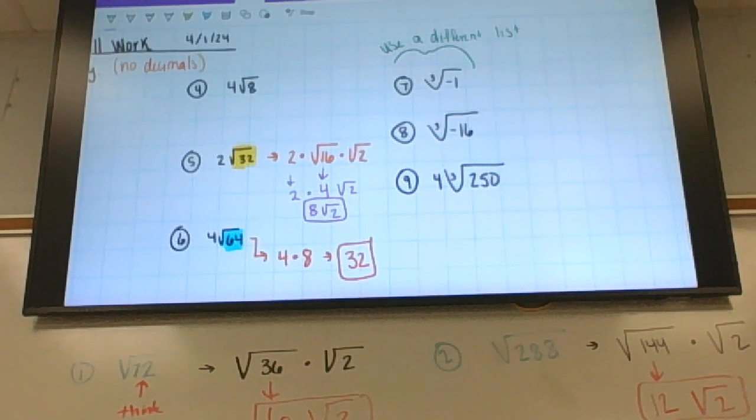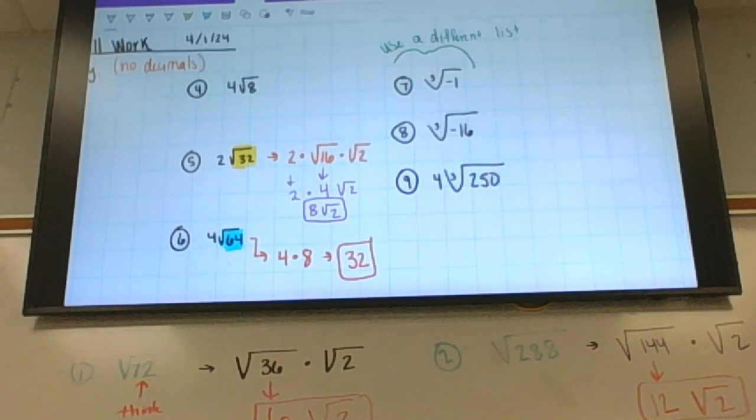Anybody familiar with that? Square rooting a negative is not real. And the reason is because negative 5 times negative 5 is a positive 25. So you can't get a negative number by multiplying something by itself. So this is an impossible scenario. This is not real.